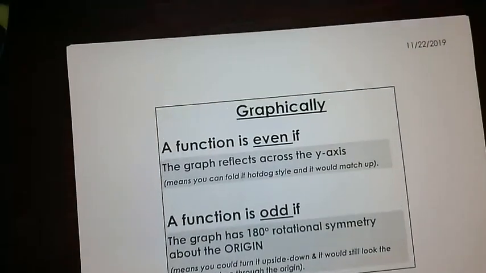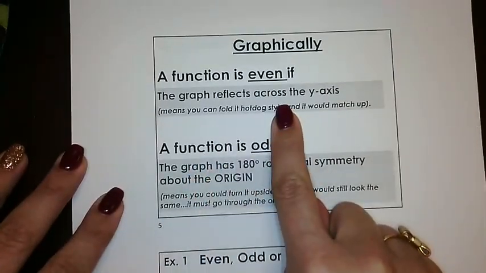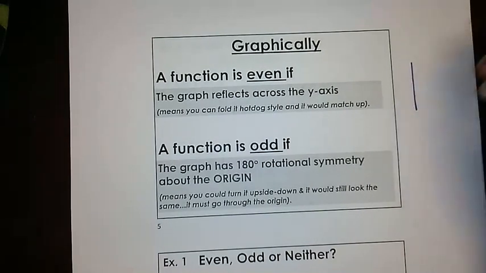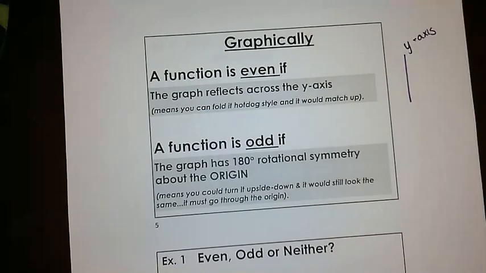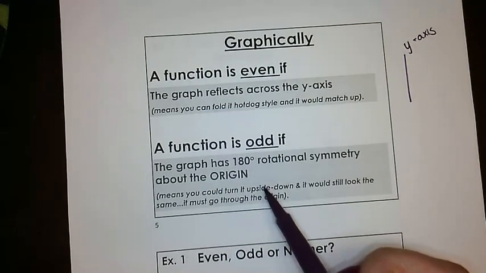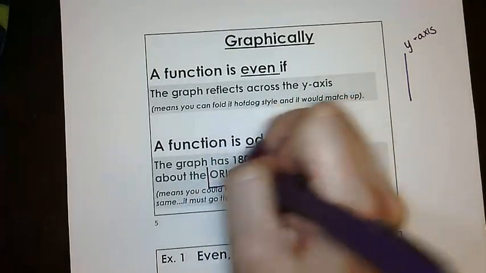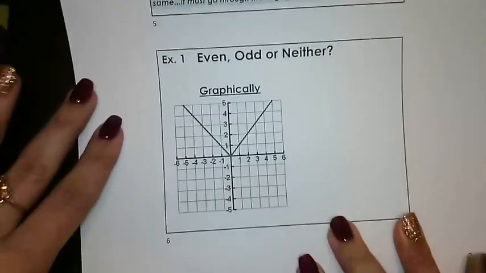And then a function is even if the graph reflects across the y-axis. Remember, y-axis is the vertical one. And a function is odd if the graph has a 180-degree rotational symmetry about the origin. So let's look at this first one.